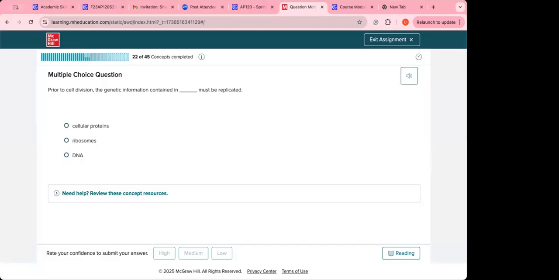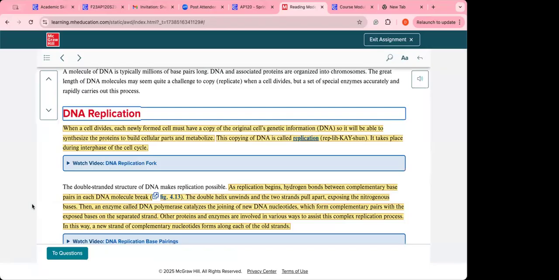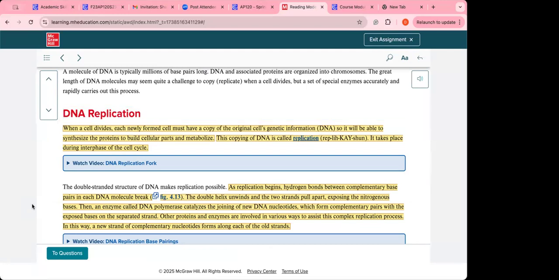We can review it. When a cell divides, each newly formed cell must have a copy of the original cell's genetic information, so it will be able to synthesize the proteins to build cellular parts and metabolize.